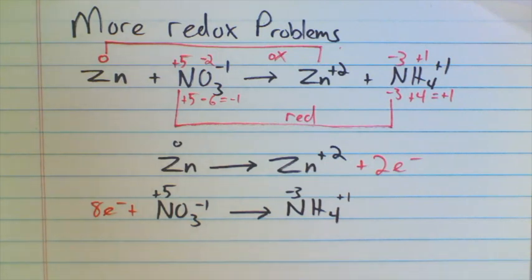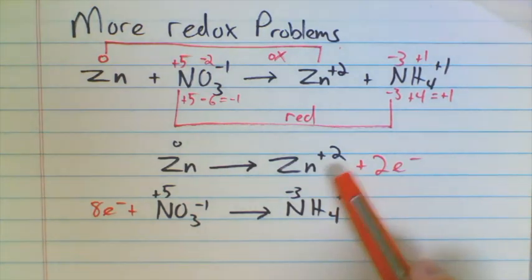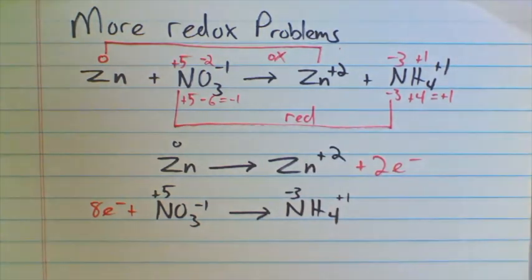We always add electrons to the more positive side. We want to have it match the charge on the less positive side. The charge of the ions in the top right corner doesn't affect it at all. Okay, that's a good question.